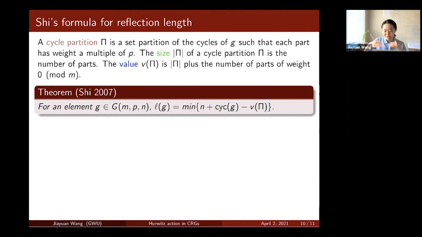And let's try to apply this formula in the symmetric group. So in S_n, which is also G(1,1,n), suppose we have an element that has some number of cycles. So here the weight of each cycle is 0, and that satisfies the requirement, right? The weight of each part is 0 mod p.